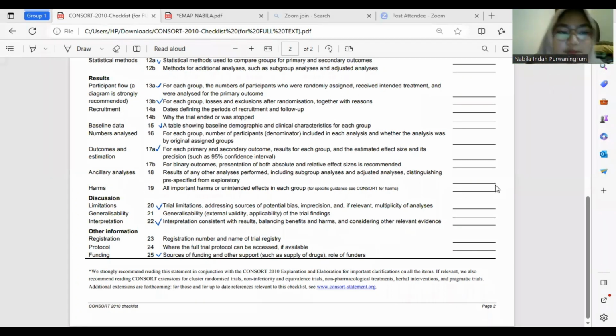Okay, the next one is the baseline data that is labeled by number 15. It's a table showing baseline demographic and clinical characteristics for each group. And we have it in this article. So I'll show you.